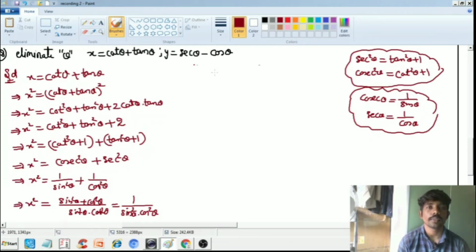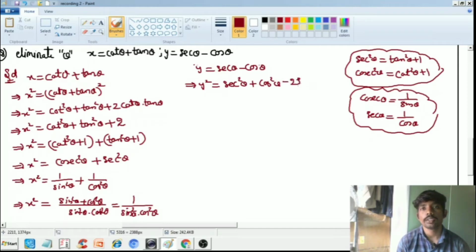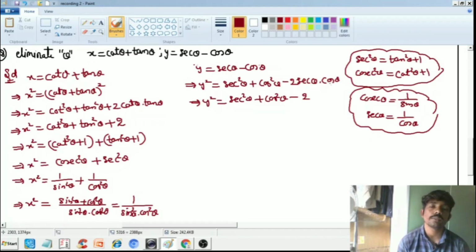This is x square. Now consider y. Y is equal to secant theta minus cos theta. Squaring, y square is equal to secant square theta plus cos square theta minus 2 secant theta into cos theta. Then y square is equal to secant square theta plus cos square theta minus 2, because secant into cos is 1.